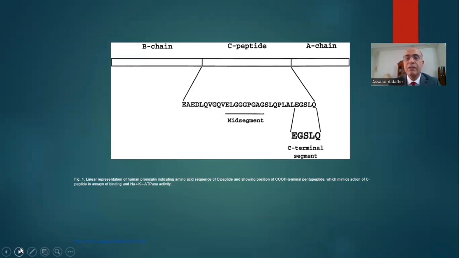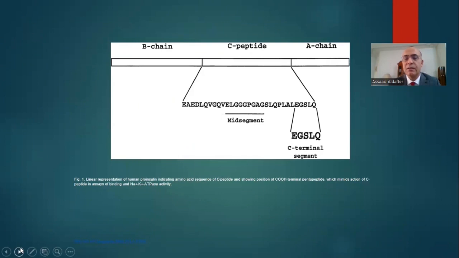C-peptide is the amino acid chain that links the A chain with the B chain. By this link, it accurately shows the beta cell function at steady state, since C-peptide has a longer half-life than insulin and is not metabolized like insulin in the liver.